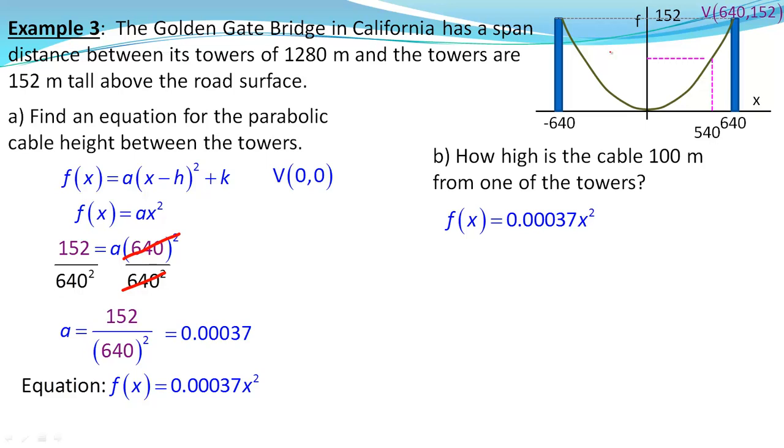So we're trying to find for this point, the x coordinate is 540, and we're trying to find how high it is, trying to find the y coordinate. That's what the unknown is here. So we're really just trying to find f of 540. So f of 540 would be 0.00037 times 540 squared.